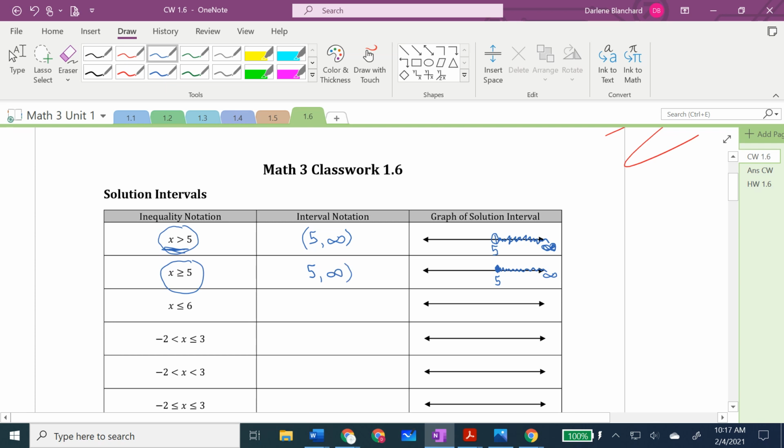Infinity always gets round brackets. But if the endpoint is a solid endpoint, you have an equal to, then I can almost picture that parenthesis being stopped by a wall suddenly, and it smushes the parenthesis, and then makes it a square bracket.